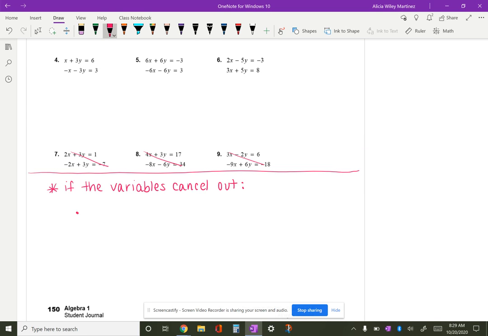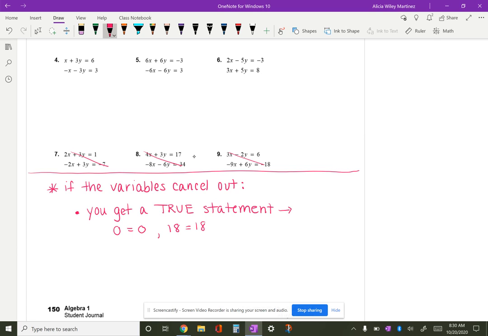One thing that can happen is you get a true statement, which is what happened to us when we did the problem. If that happens, that could be something like 0 equals 0. We had 18 equals 18. So something like that. So the variables have canceled out and you're left with a true statement.